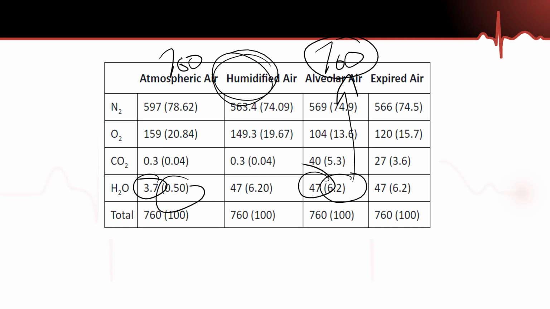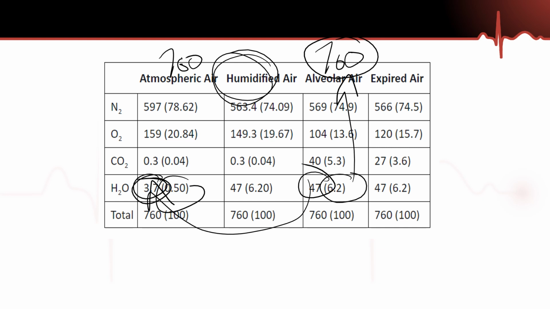Look at how much more it is compared to the air within the atmosphere. The partial pressure of water vapor within the air in the alveoli is significantly higher than the partial pressure of water vapor within the air in the atmosphere.